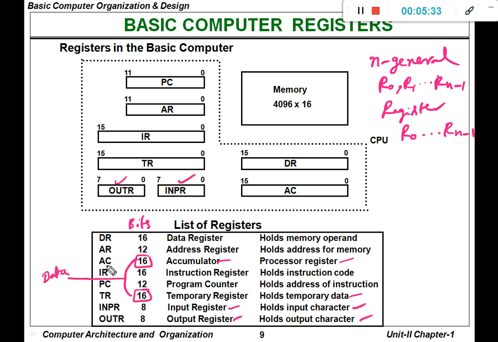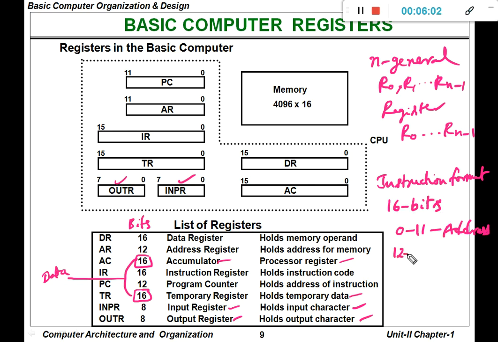As we have already seen in the previous class, the instruction format, an instruction generally occupies 16 bits, among which bits 0 to 11 are used to store the address.